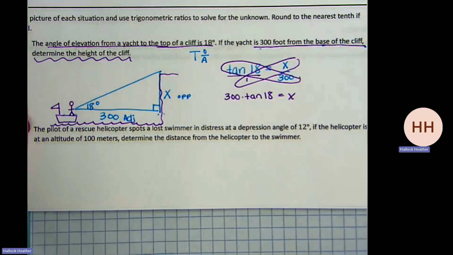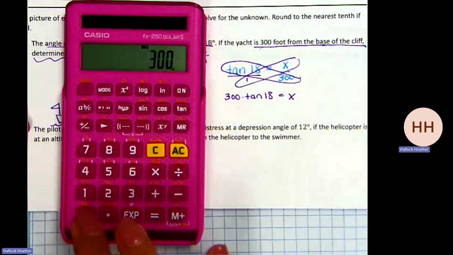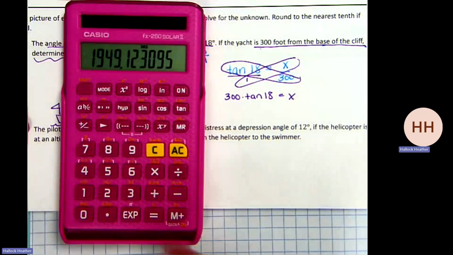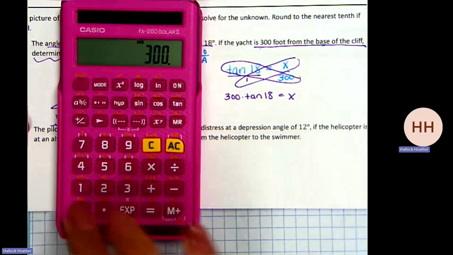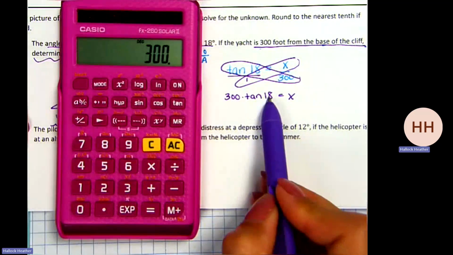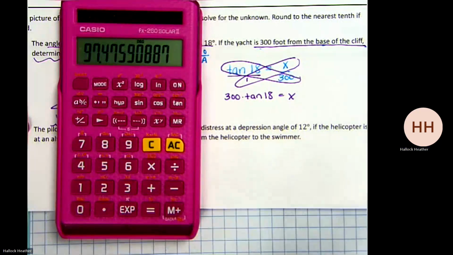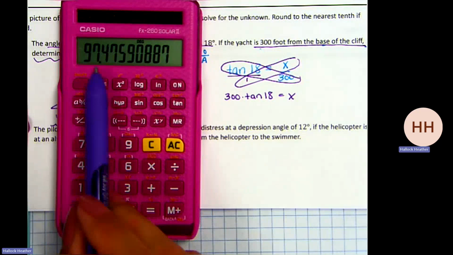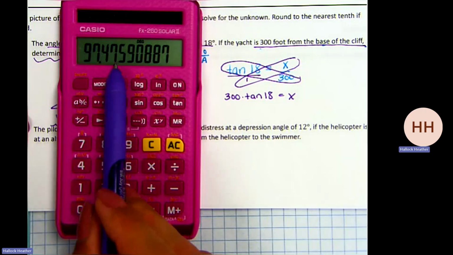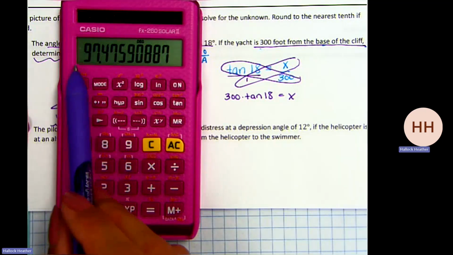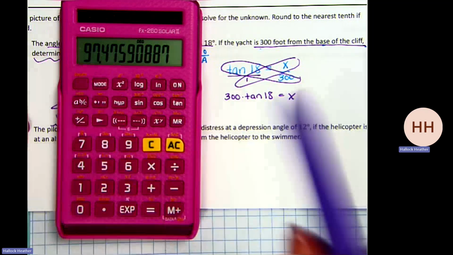I'm just going to multiply these in a calculator. So I have 300 multiply, oh, clear my calculator first. 300 times tangent of 18, and then press equals. So that is 97.47, and we're rounding to the nearest tenth. So I'm going to say 97.5 because the 7 rounds it up.